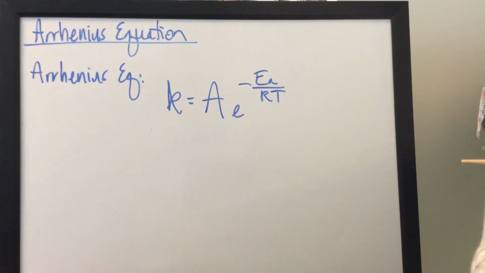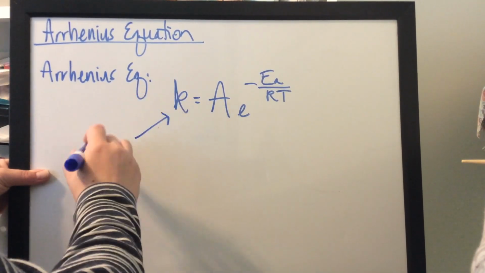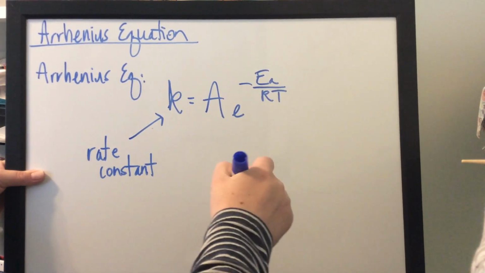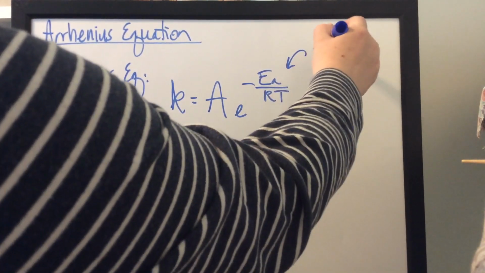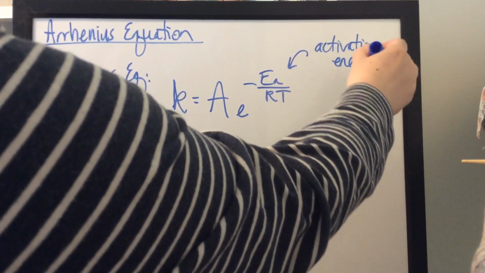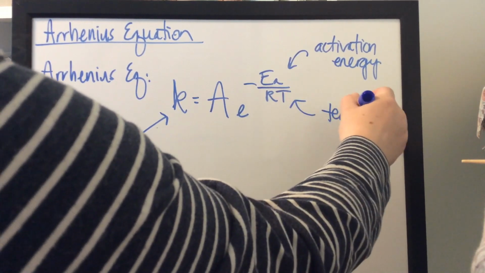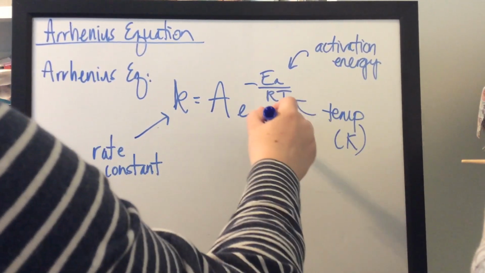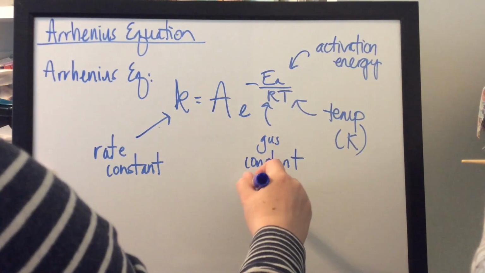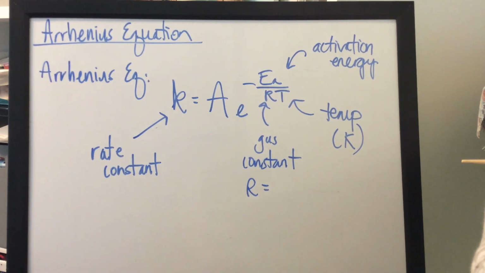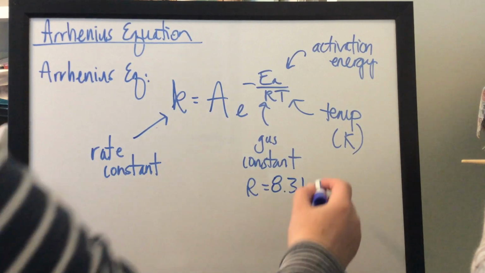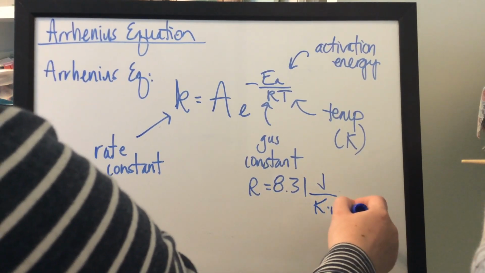And some of these things you're unfamiliar with. This is of course the rate constant. This is activation energy. This is temp in Kelvin. This is the gas constant. Been a long time since we've talked about the gas constant. And this one actually, I believe, is 8.31 in units of joules per Kelvin mole.